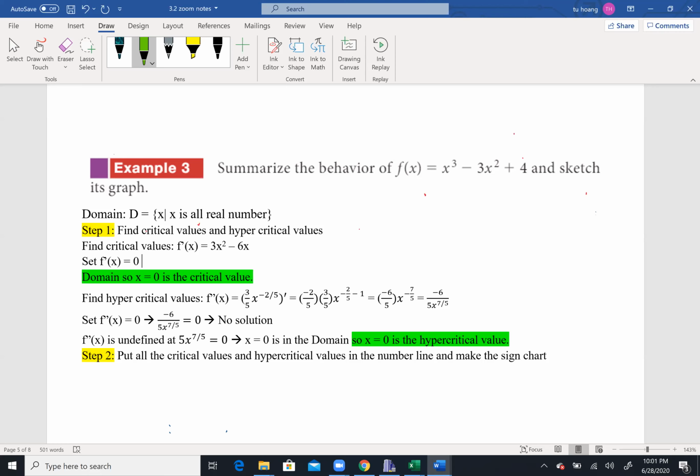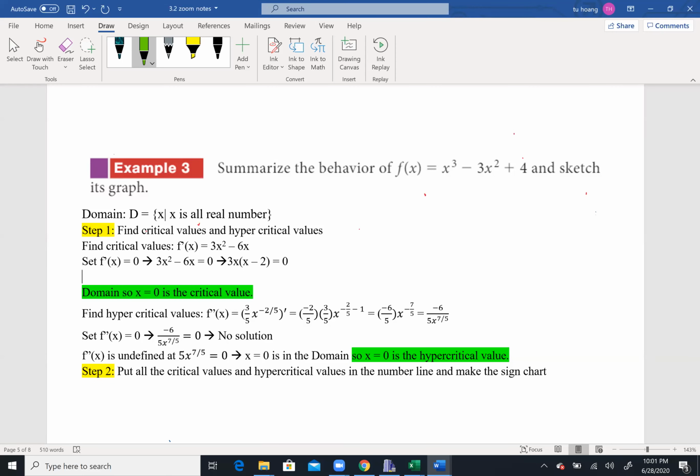So if you set f derivative of x equals 0, you will have 3x squared minus 6x equal to 0. And you have to think right away of the factoring properties. If you factor 3x, you will get first term x, second term negative 2, and equal to 0. So then you will have the solution, let me put that here.